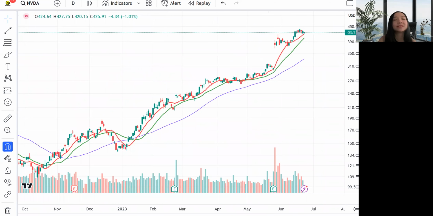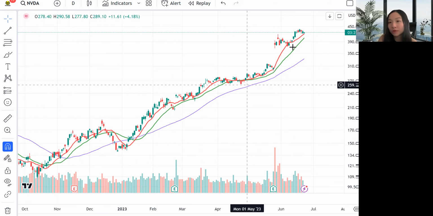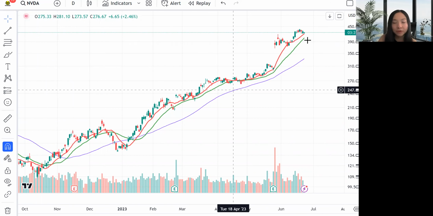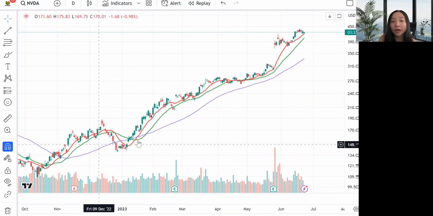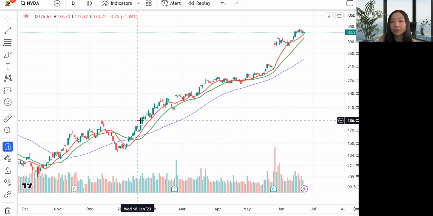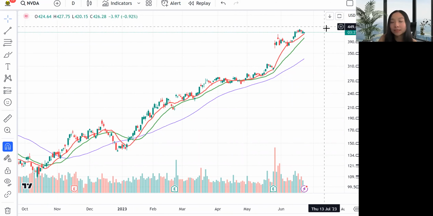You can see Nvda is very stable. The blue line is all the way up, and the red and green most of the time are above this blue line, you can see, right? With this strategy, our buying price is around here, okay? And the next buying price is around here. So we are still waiting for the next moment to buy.